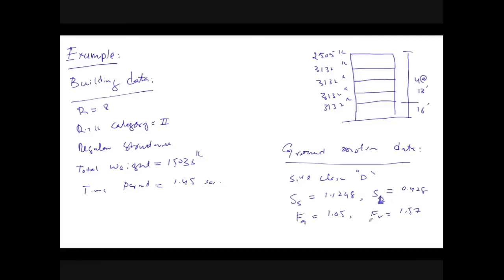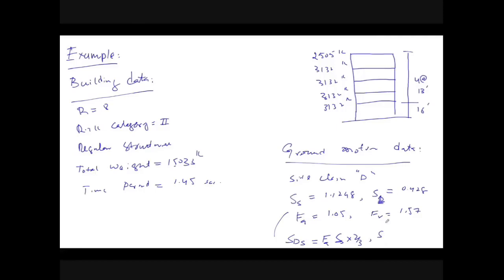So using the IBC procedure, we can convert SS to SDS, which is equal to FA times SS, and then you also have to multiply this with 2/3.